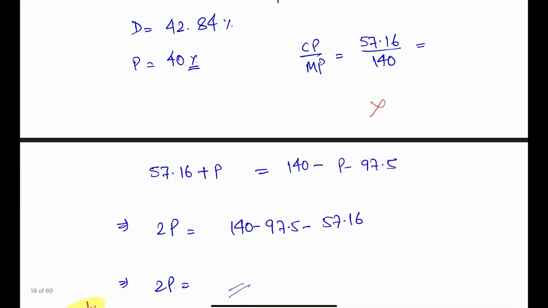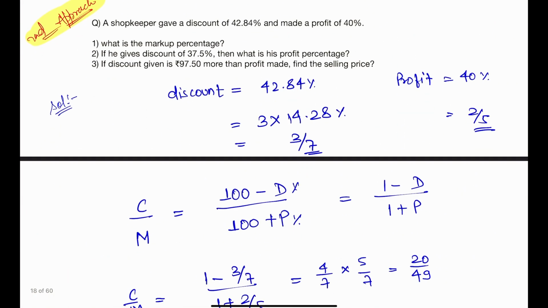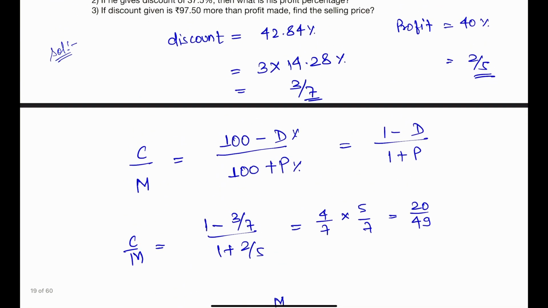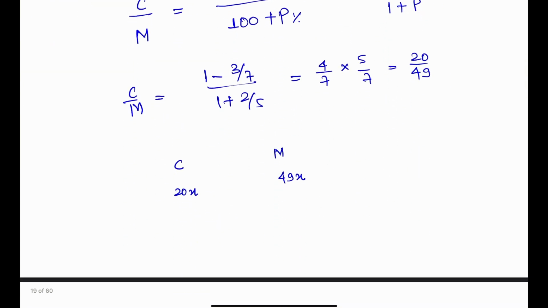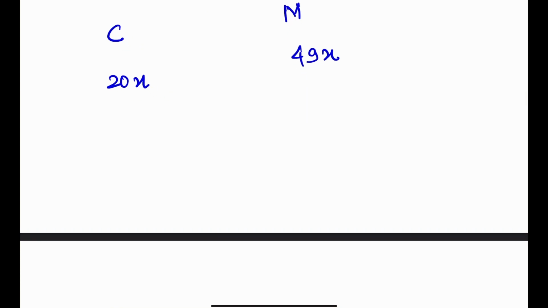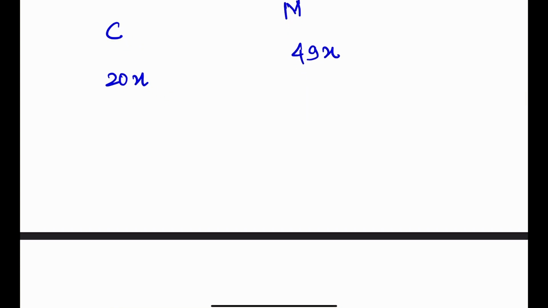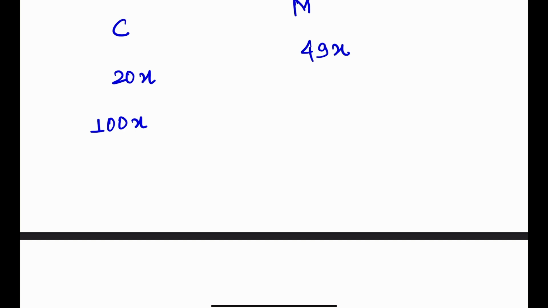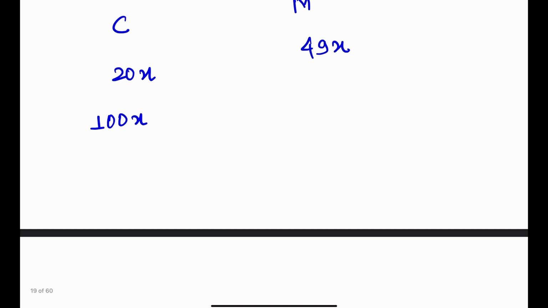Okay. So what was the question asked? What is the markup percentage? So the first question is markup percentage. Markup percentage is calculated based on cost. So for the simplicity of the question, I can rewrite it as 100x, and here also I will multiply by 5, because I can do anything if it's a ratio. So 245x.